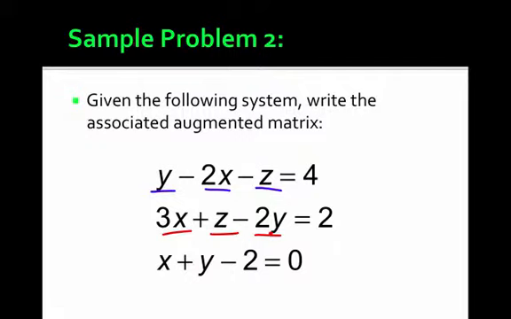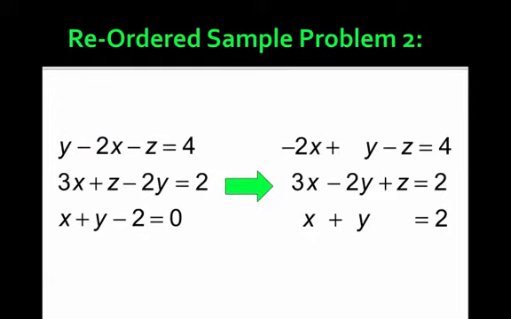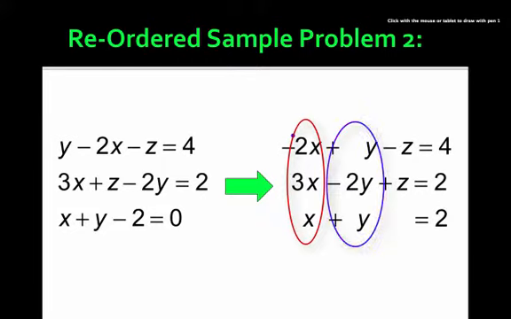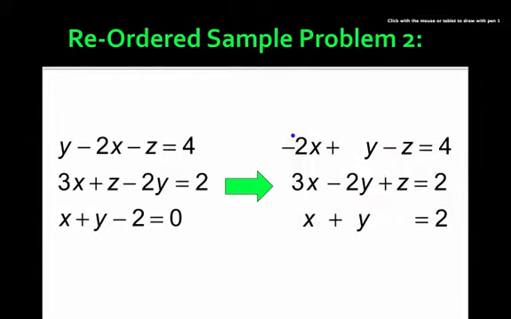When reordering, make sure to include all the signs, either positive or negative. Now you can see that all the x's are aligned, all the y's are aligned, all the z's are aligned, and all the answers or constants are aligned. In the last equation, we had to move the -2 to the other side by adding +2 to both sides.